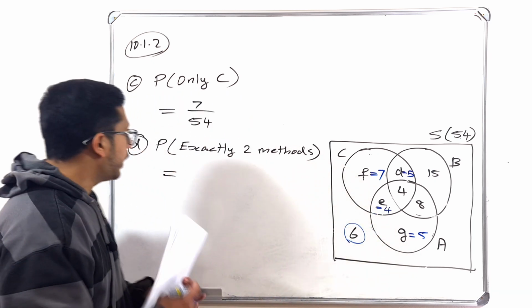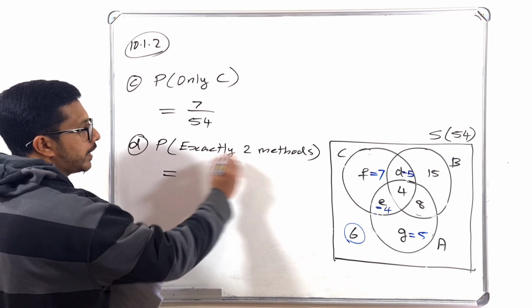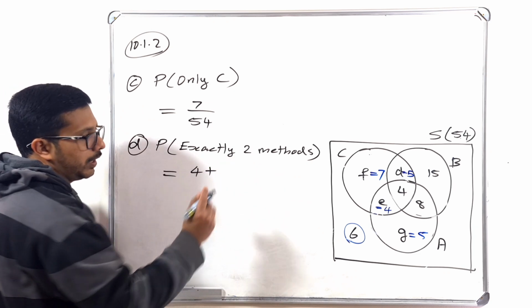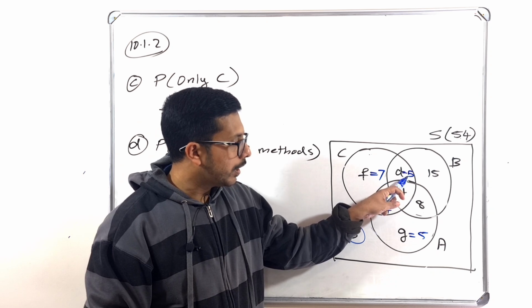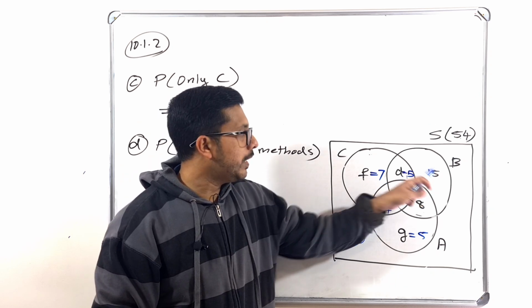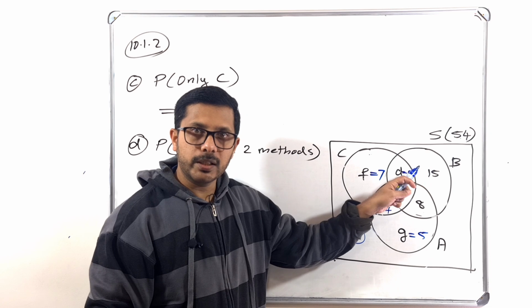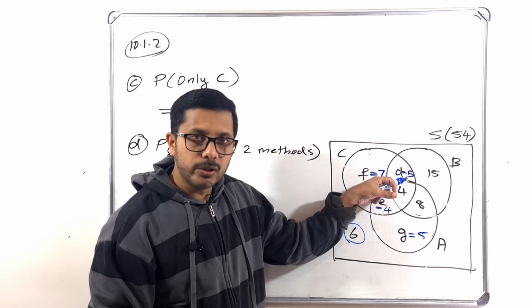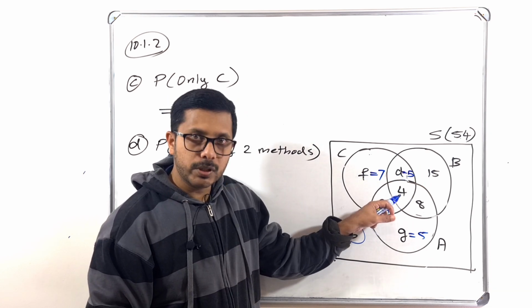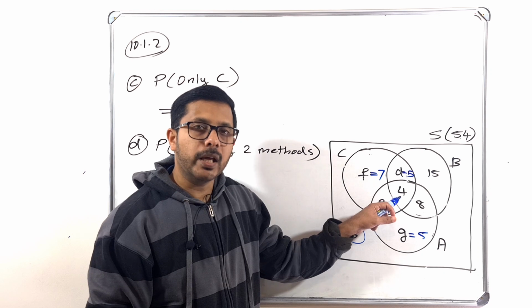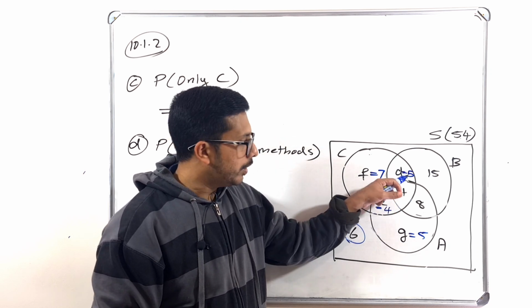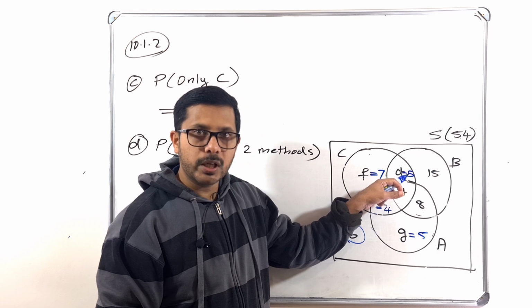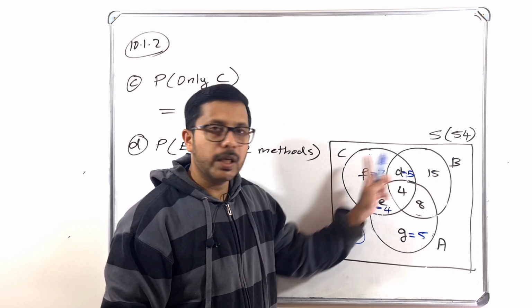Then what about these 5? These 5 countries are using only B and C. So these 5 are exactly 2. You can't include this 4 because that 4 are using A, B and C, common for all the 3 methods. So these 5 we can include because they are using only 2 methods, B and C.